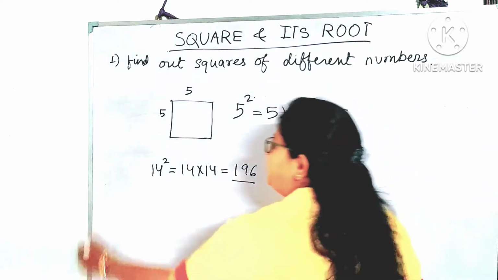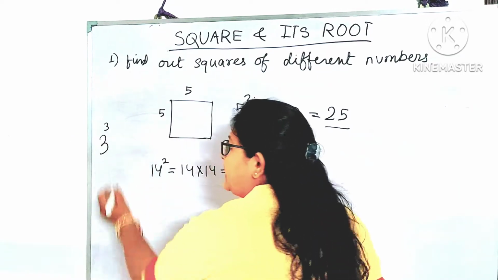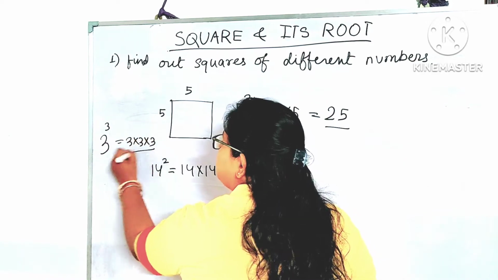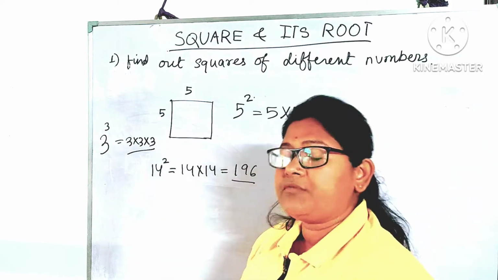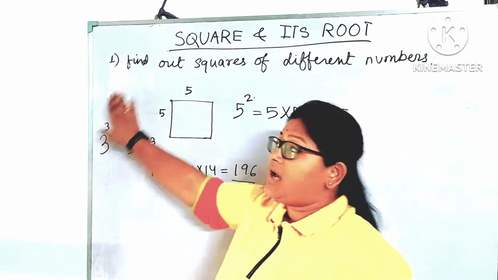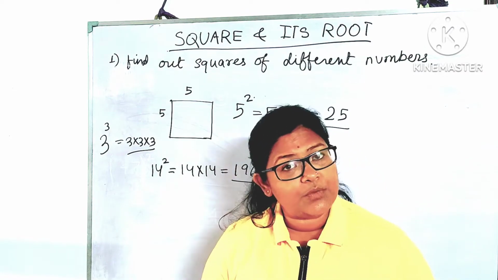If we write a number 3 to the power 3, it means 3 is multiplied 3 times. That is called a cube. We will be dealing with that later. But our concern is not this. Our concern is the square. So I hope the square is quite clear to you.